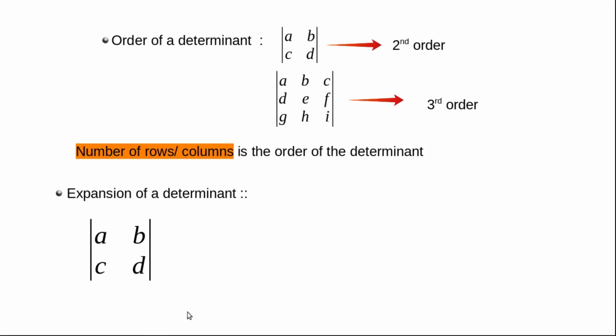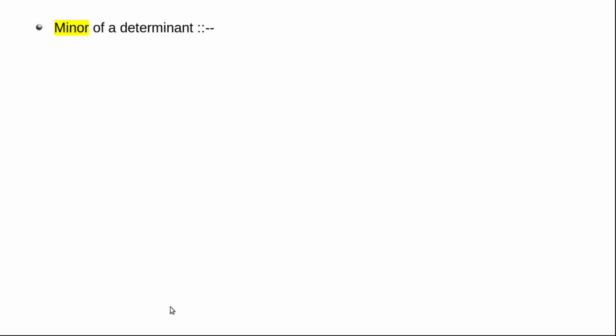So how could we find the value of this determinant? First we will multiply A with D, so AD, then we will give a minus sign, then we will multiply B with C, so it's BC. So AD minus BC is the value of this determinant.